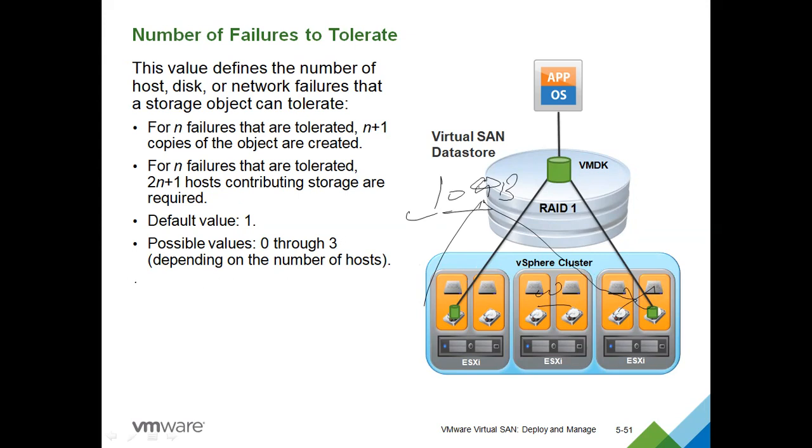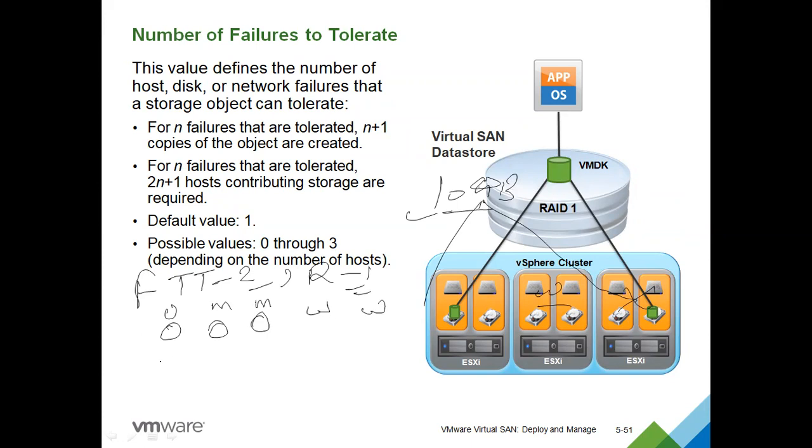So like I said, the FTT value could be from 0 to 3. In the same example, if I say FTT2 with RAID 1, it means that whatever data I write is going to create 3 copies: one is the original copy and two are mirror copies. To maintain this hierarchy, it requires 2 additional witnesses, right?